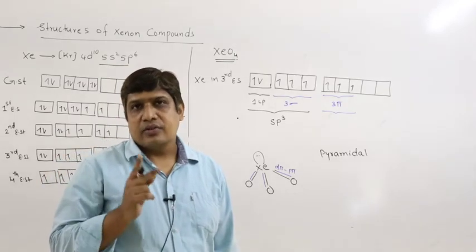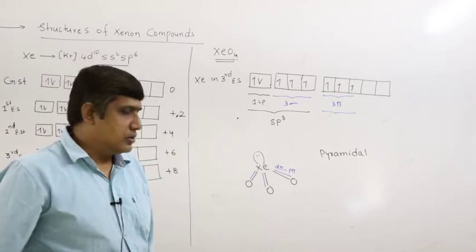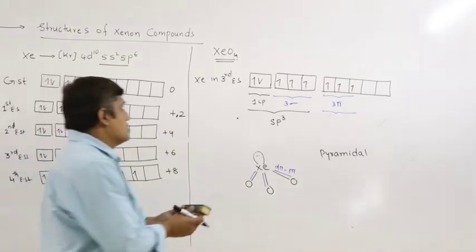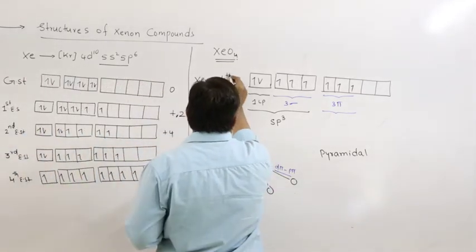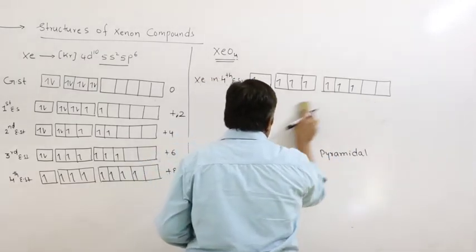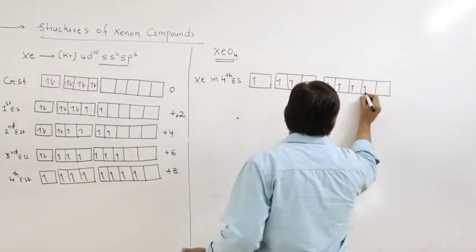So, each oxygen requires 2 electrons, 4 oxygens require 8 unpaired electrons. We have 8 unpaired electrons in which excited state? 4th excited state. So, xenon in 4th excited state. In the 4th excited state, this electron is excited to a higher energy level.